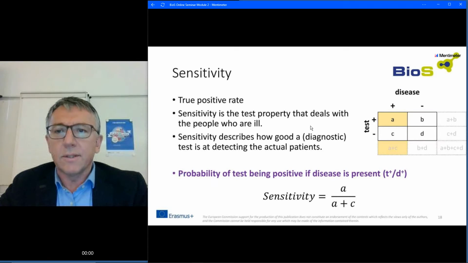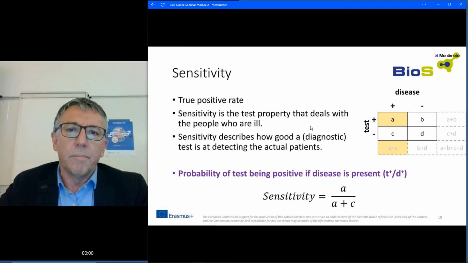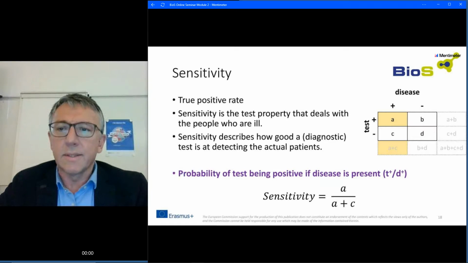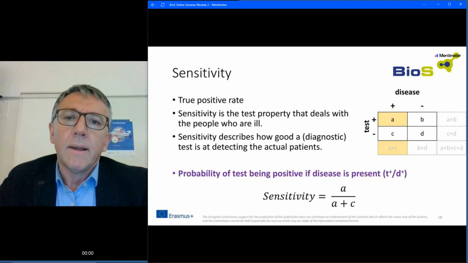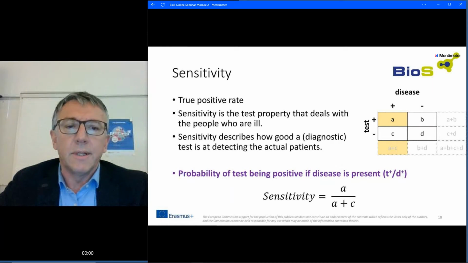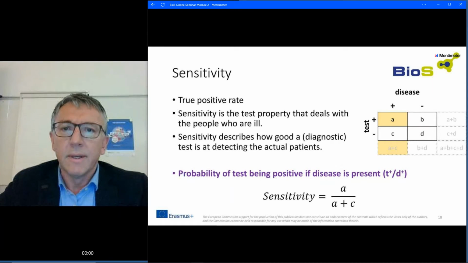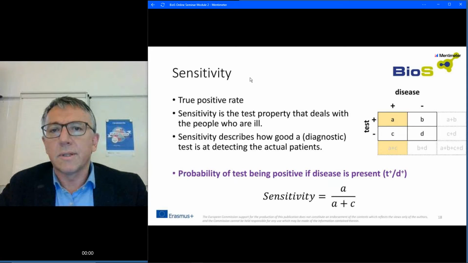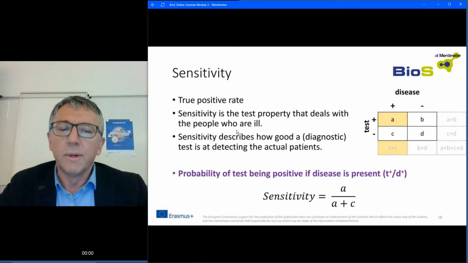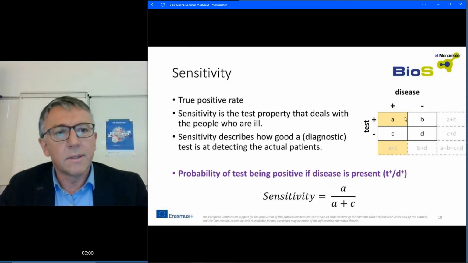For a diagnostic test to be interpreted, it's important to know its sensitivity and its specificity. First, the sensitivity. The sensitivity is the rate of those people who have a condition or a disease and test positive with the test. So this number will tell you how sensitive the test is.